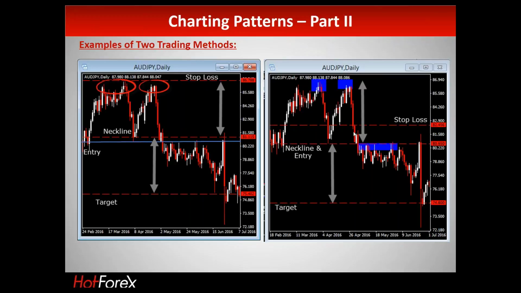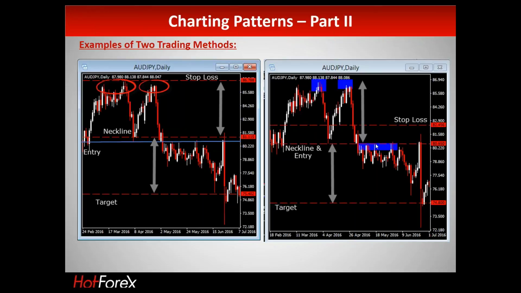If you can see over here, it hit it once, twice, broke down. However, it consolidated for quite long, about 5 days or so. So this neckline went from a support level to a resistance level.